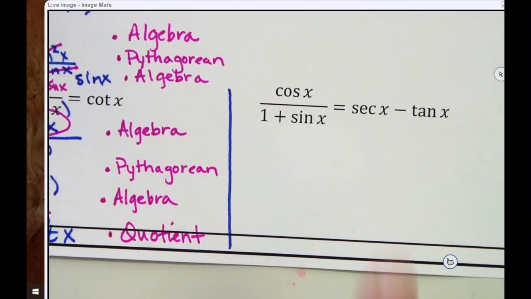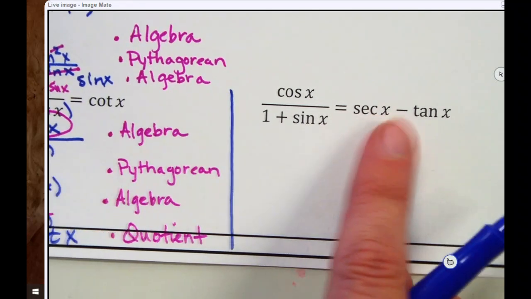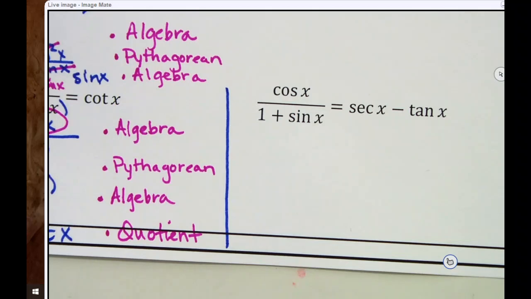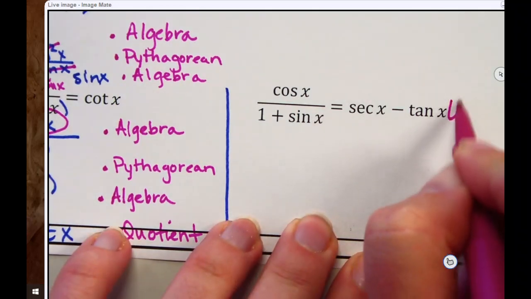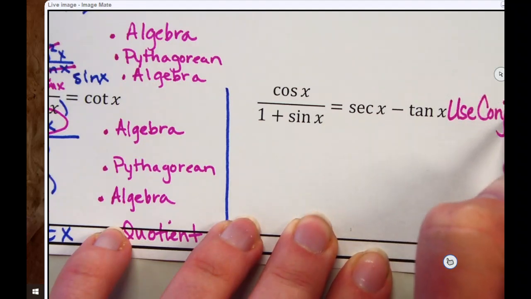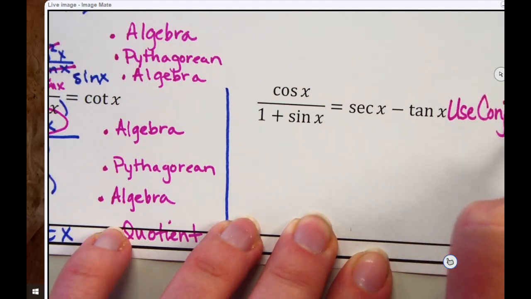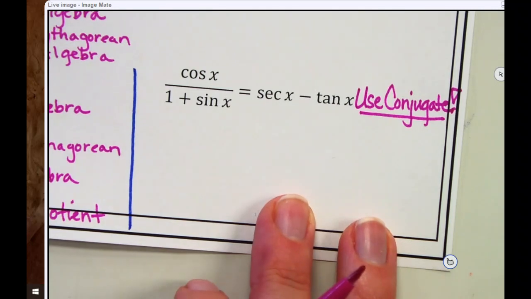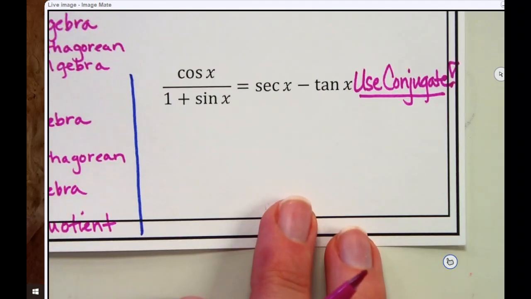So right now I'm stuck. I can't get to where I need to end up. I have that 1 plus, and here's your secret. It's a word we haven't used for a long time. We're going to use the conjugate. When we have a denominator that we're struggling with and it's a sum or a difference, the conjugate is our best friend.